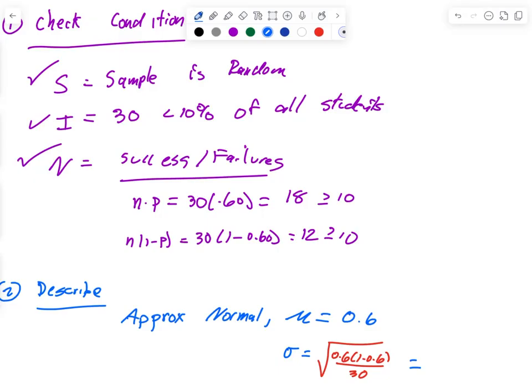That's rounded, that's close enough for us. We're going to use that one number. You put the 30 inside the square root.